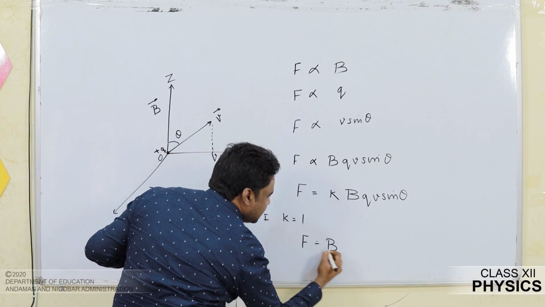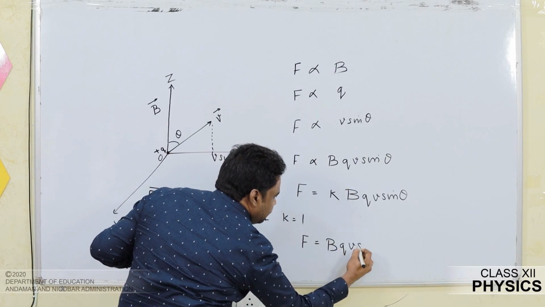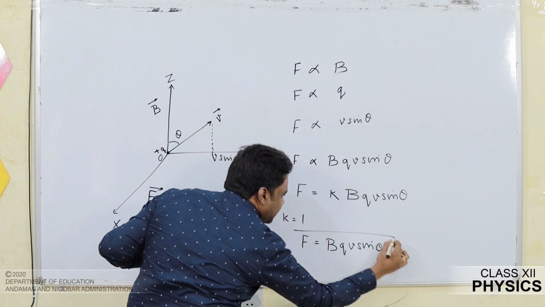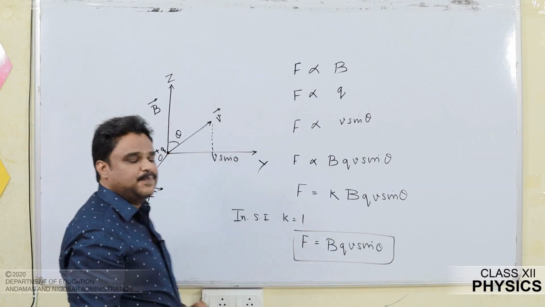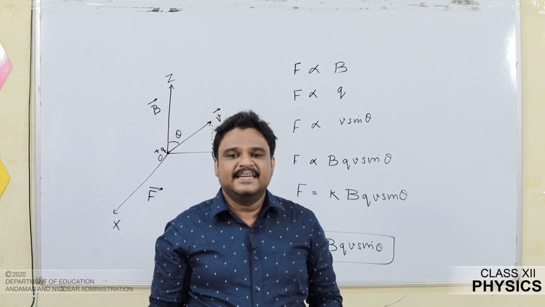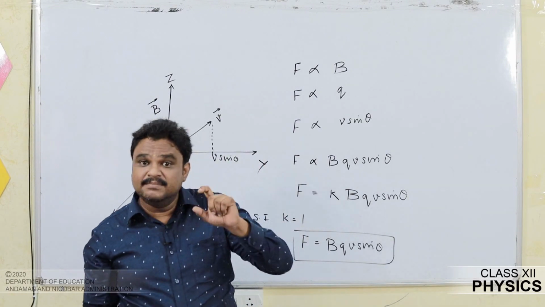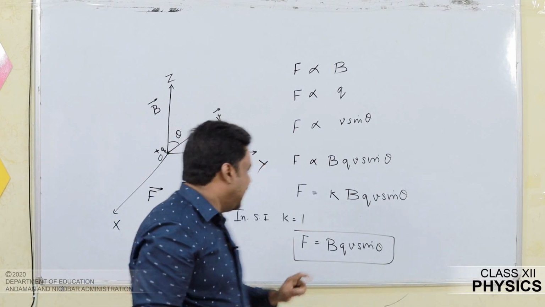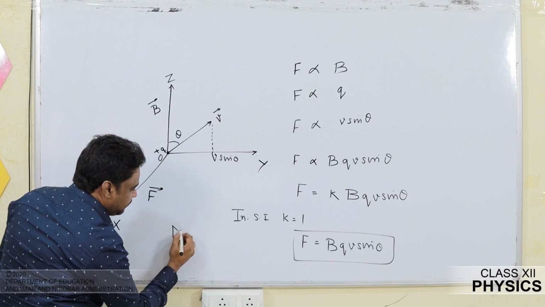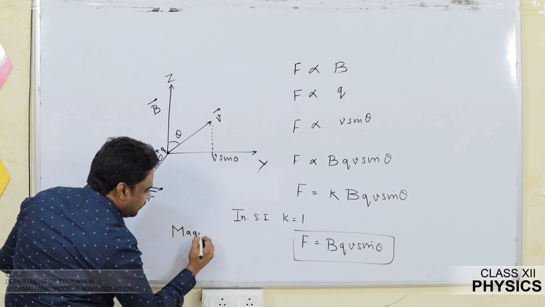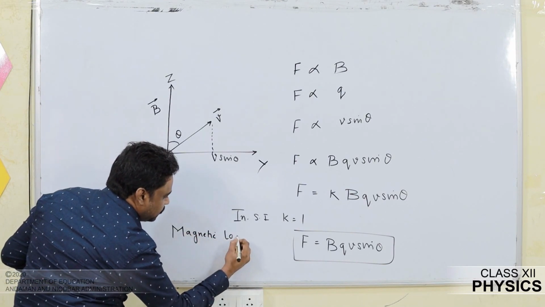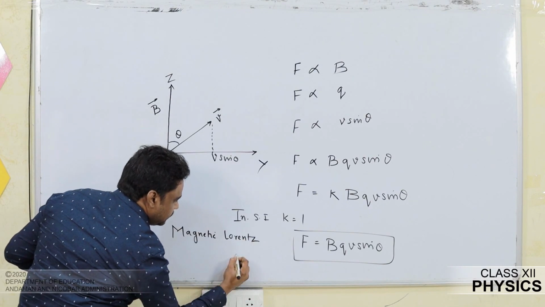So F is equal to B Q v sine theta. This is the magnitude form of the force experienced by the charge in the magnetic field, and we give a term for this force. It is called the magnetic Lorentz force.